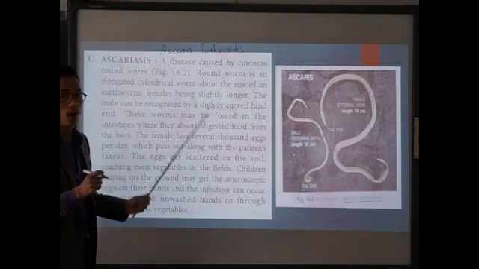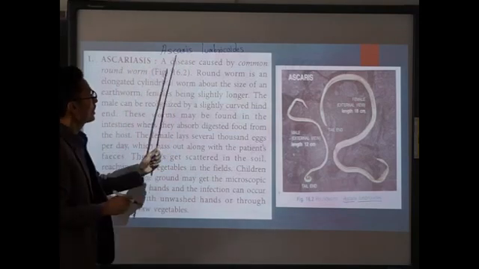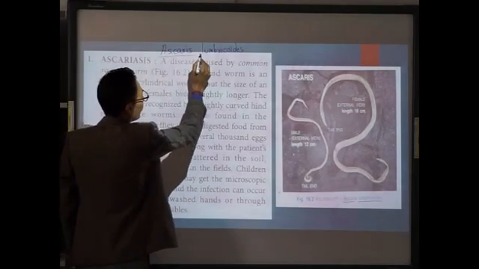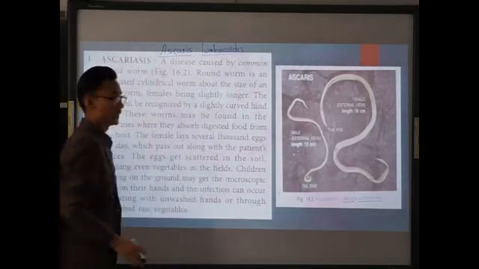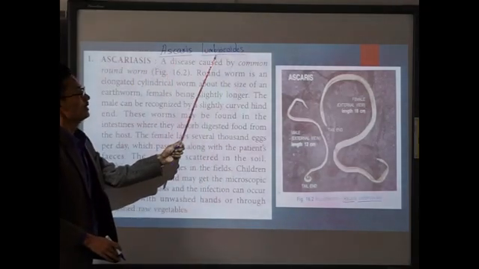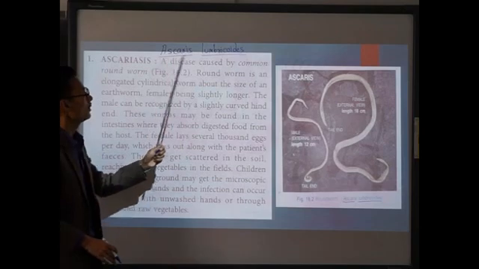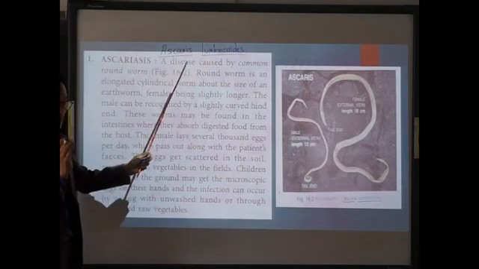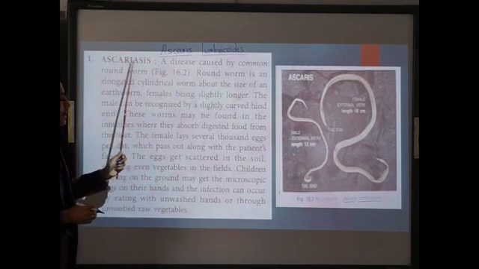It's a common round worm. Since I've written the scientific name, you have to underline it separately. This is the generic name and this is the species name. So we have to underline it.